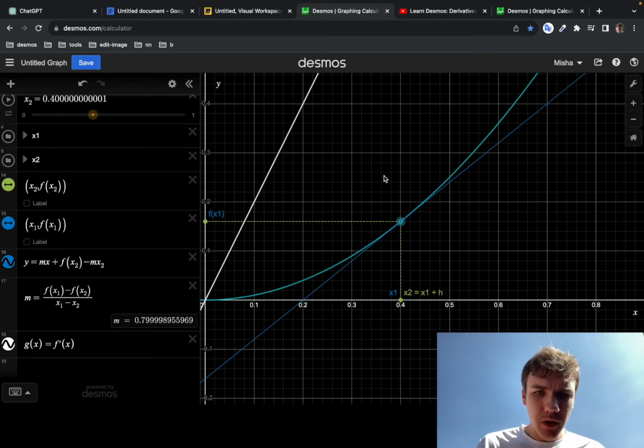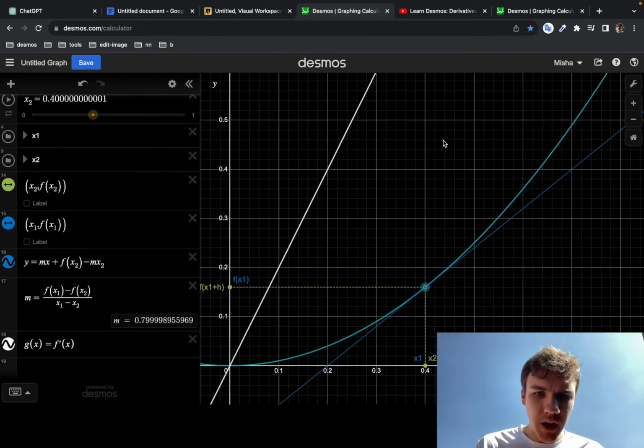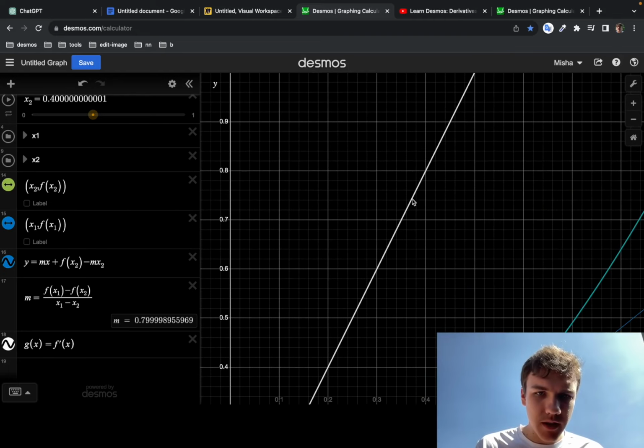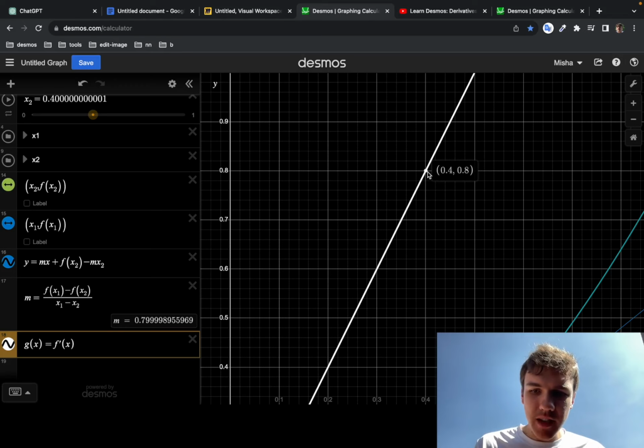If we go a bit higher, we will see that for our 0.4 the derivative is 0.8, as you can see. So we got the correct derivative because it's almost 0.8.